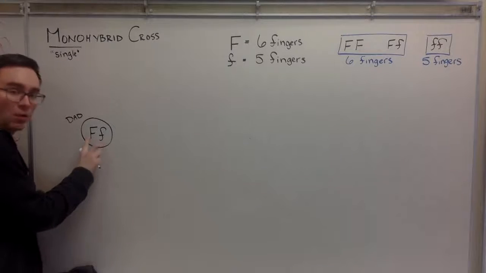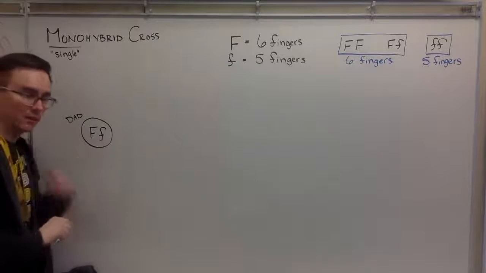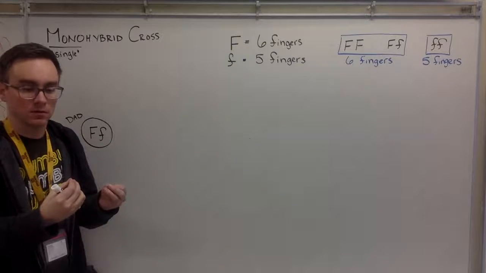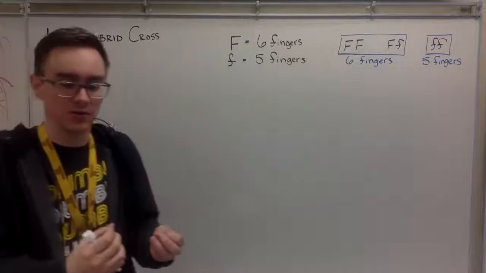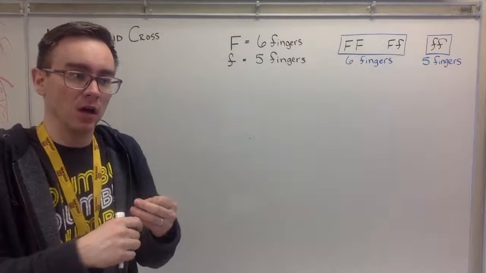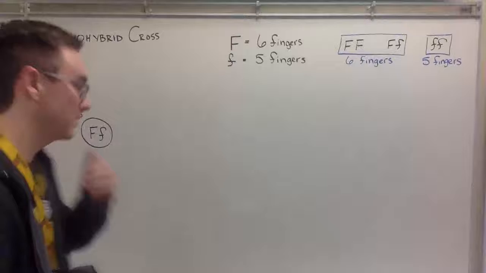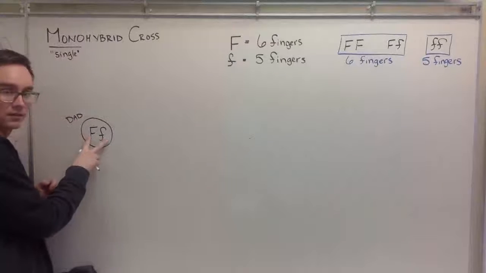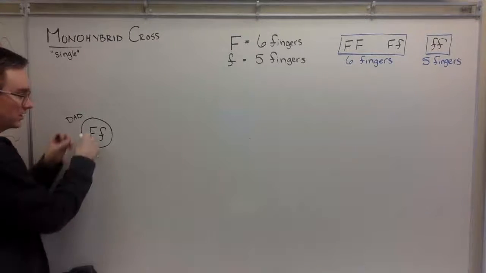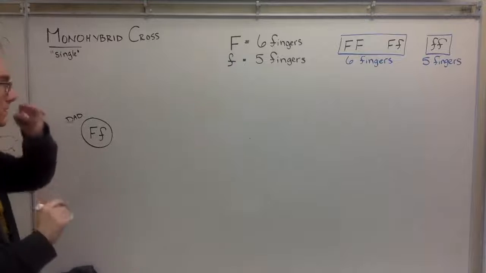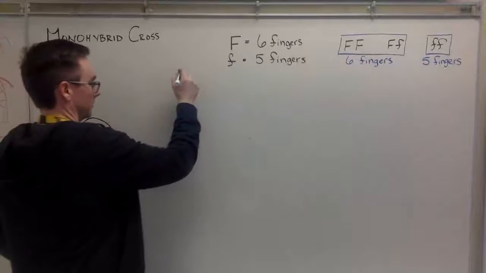He got one from his mom and one from his dad. But during meiosis, remember the purpose of meiosis is to make gametes that have half the number of DNA. So eventually he's going to split these two apart, which we'll talk about in a second.